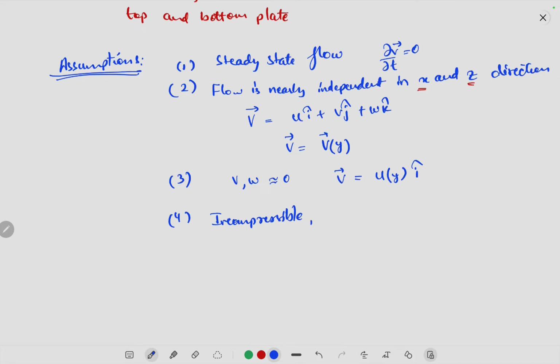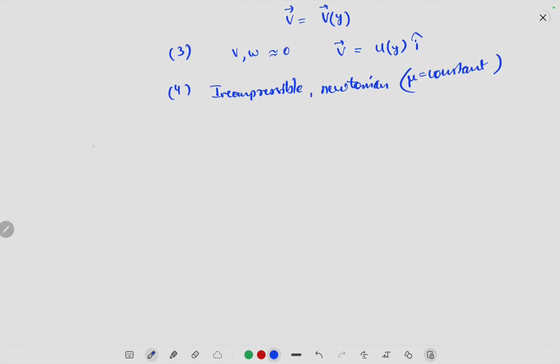Okay, and nothing is said about whether the fluid is Newtonian or not, so we can also assume that the fluid is Newtonian, that is its viscosity will remain constant, and thus we can use the two equations: the continuity equation which tells us divergence of v equal to 0, and the second equation which was our Navier-Stokes equation, which was rho dv by dt equal to minus grad p plus mu grad square v plus fb.